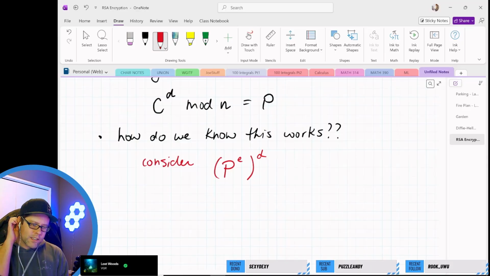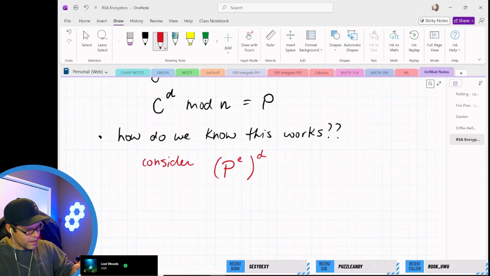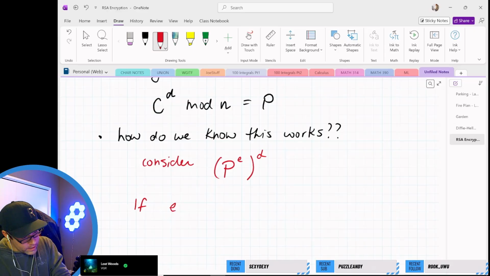So we're going to kind of consider this setup, and we're basically going to say the following. If we're okay that e times d, or d times e, is congruent to 1 mod phi of n, right?